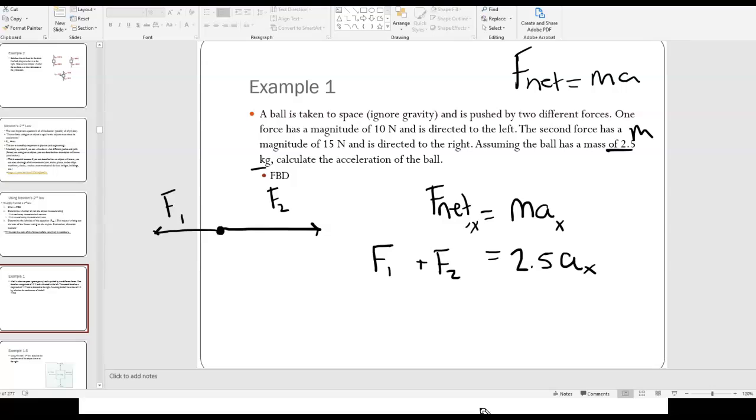Okay, so I'm done with the 3 steps. Now I can actually plug in numbers and try to solve. I know that F1 has a magnitude of 10 newtons, but it's also directed to the left in the negative x direction. So I'm going to plug in negative 10. For F2, I have 15 newtons to the right, so I'm going to do plus 15.